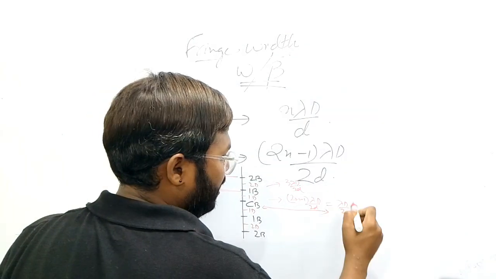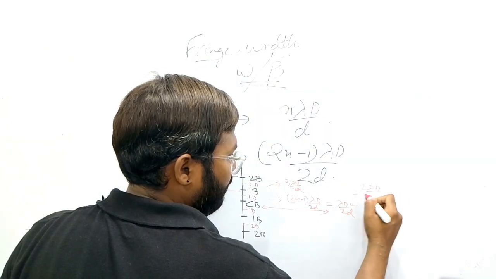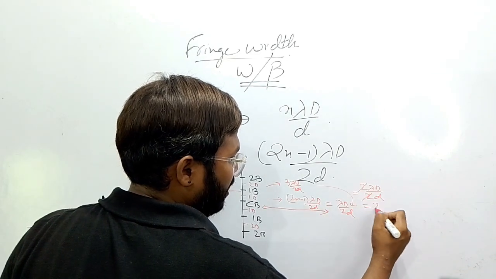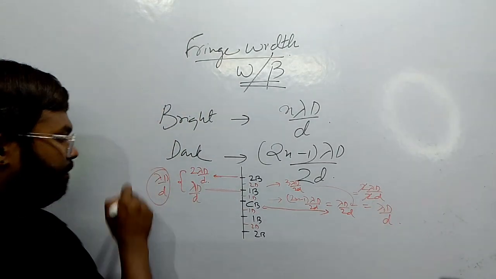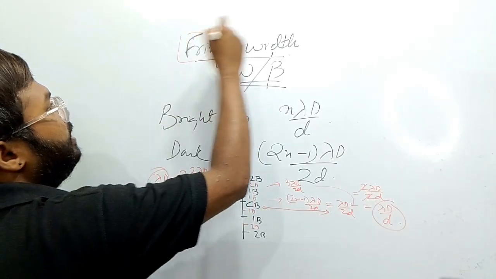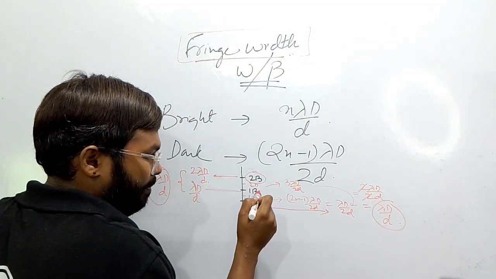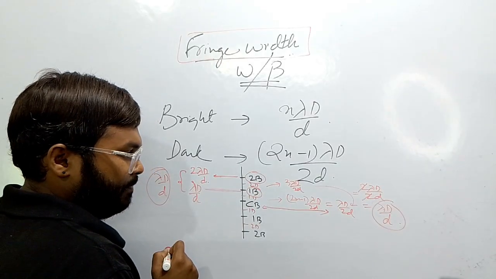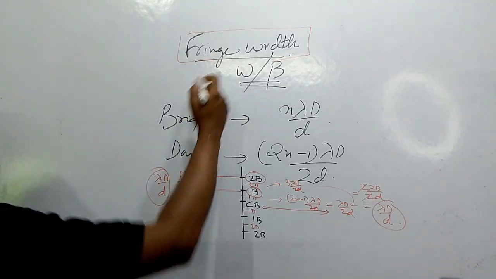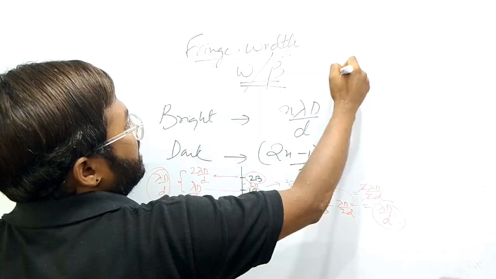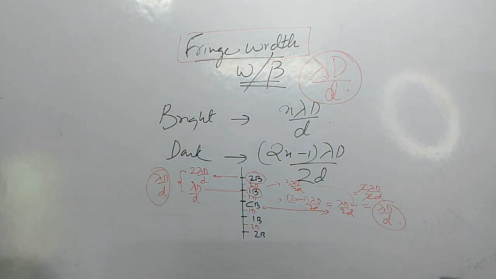So if I subtract this, I'll have 2 lambda d by 2d, 2 cancels out, then I'll have lambda d by d, which is the same. So the fringe width is the same between two consecutive bright fringes and between two consecutive dark fringes. So remember, the fringe width is the same, and that is lambda d by d. This is the fringe width. Have you understood this one?